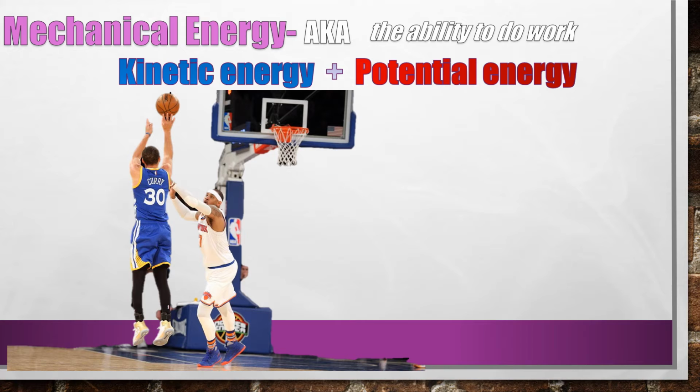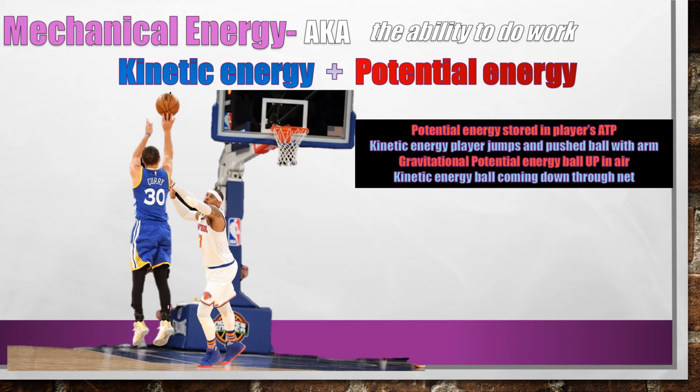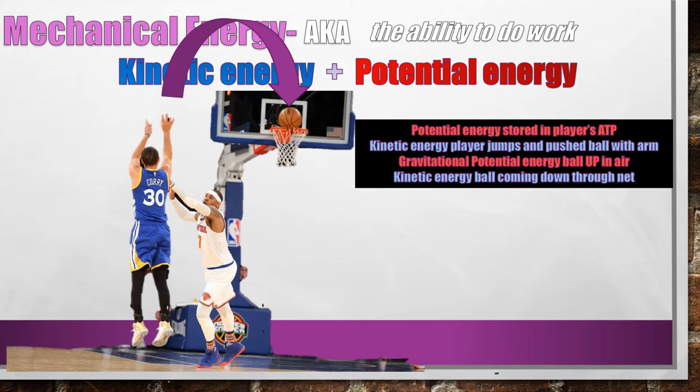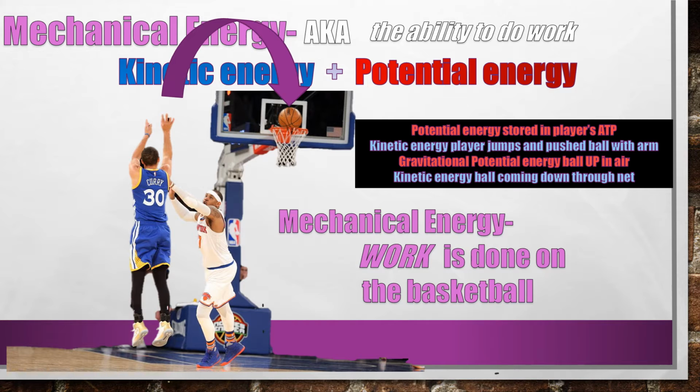But once you force it, you throw it up into the air, then you have kinetic energy. It lifts up into the air and it's going to be up above the rim, and that's going to be gravitational potential energy until it goes inside the hoop, and then it's going to be kinetic energy as it goes down. So mechanical energy is the combining of kinetic and potential together to get some work done.